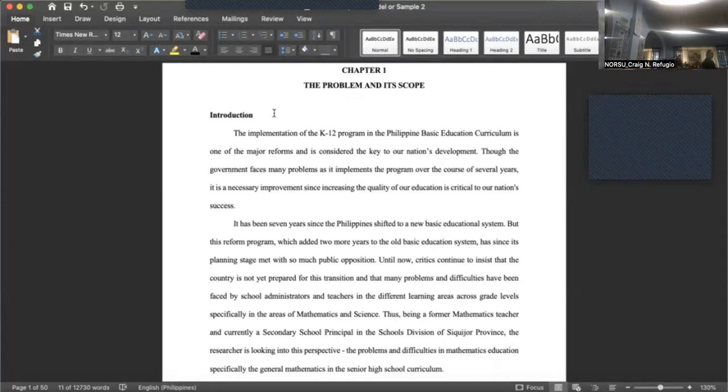And then font type Times New Roman. Do you follow? Font type Times New Roman, font size 12, spacing 1.5.